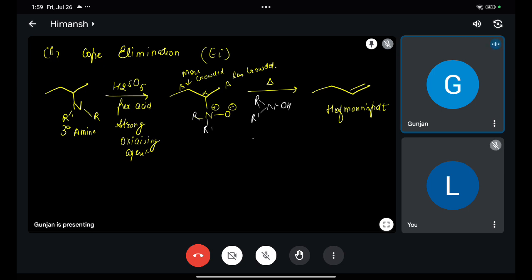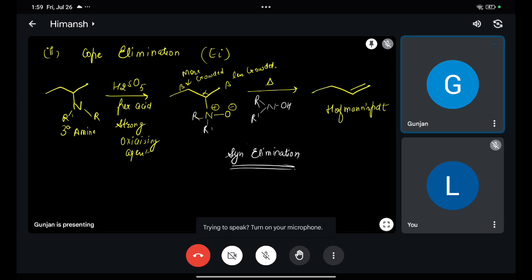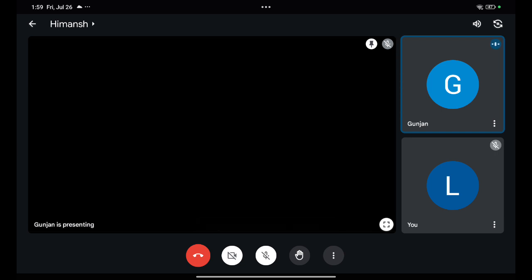This is also syn elimination. Last reaction of Hoffman elimination. Here what actually happens is, we are having an amine, methyl iodide.